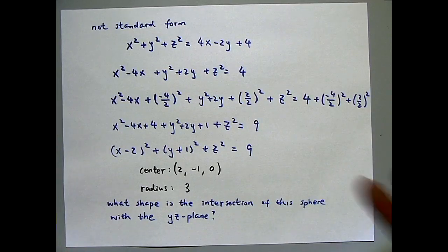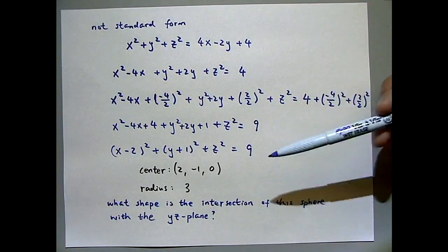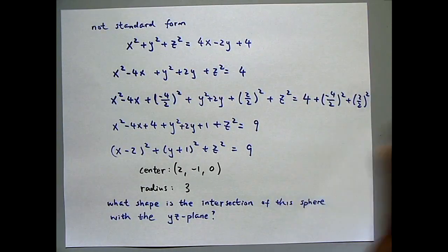Okay, so we got this sphere floating in space, and then we would like to know the intersection of that sphere with the YZ plane. So what shape is that? That should be pretty easy to see.